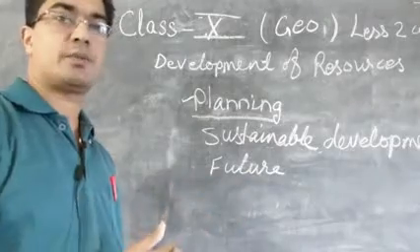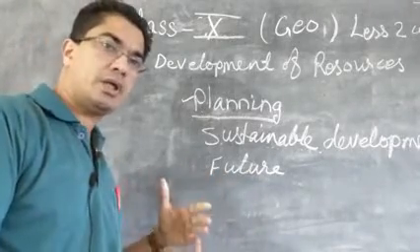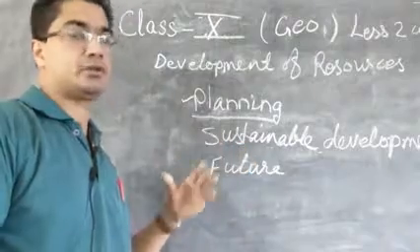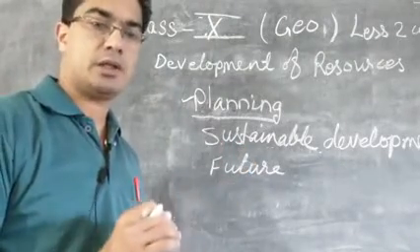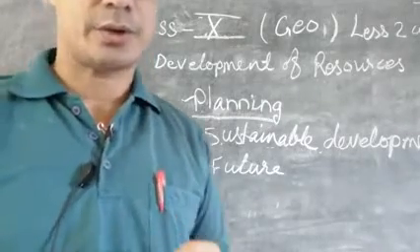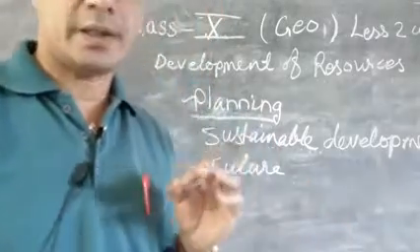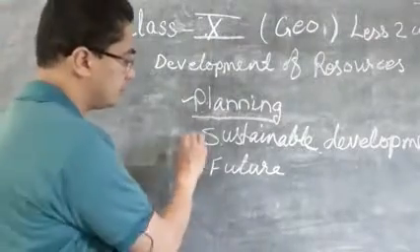How can we spend these resources in the proper way? How can we make it available to everyone and so on? So they came, discussed together, planned together, and they all decided at the end that we should make an agreement to have sustainable development.